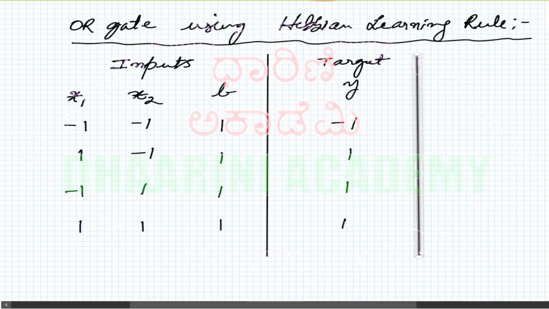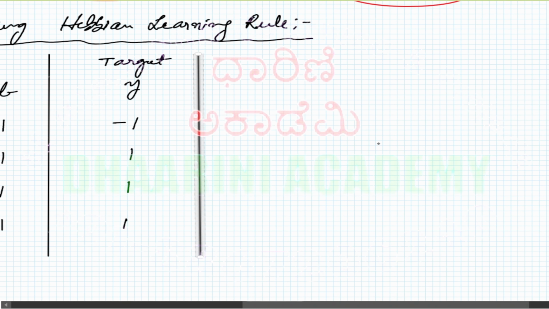All right, then in the next column we write the updation in terms of the weights, which corresponds to the change in weights and bias. That is denoted by delta. How many weights do you need in this case? It depends upon the input.